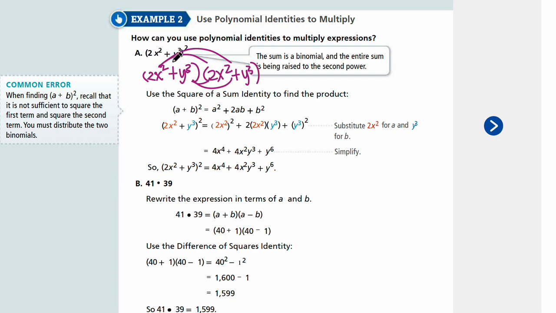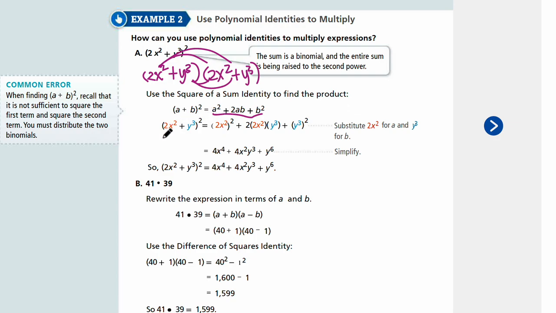So first, let's identify what's a and what's b. a could be 2x squared, and then b could be just y cubed, right? So we can make that a and the other term b, and then use this form and plug it in.